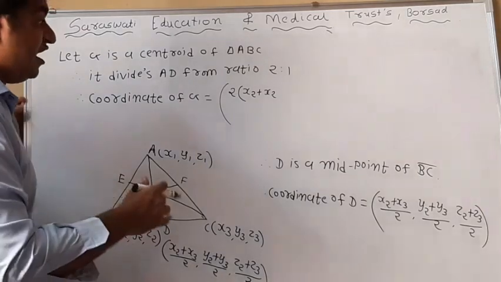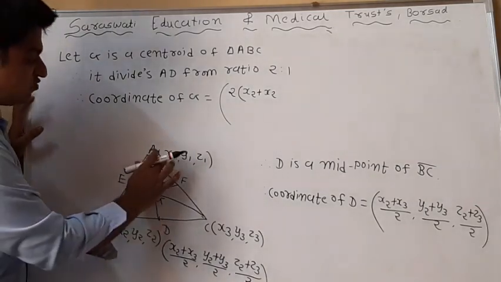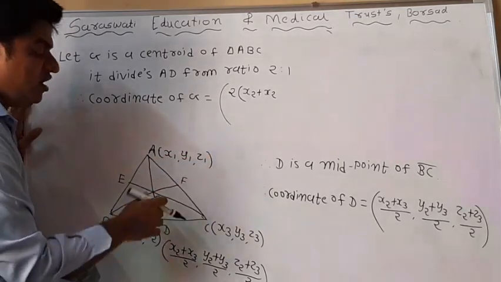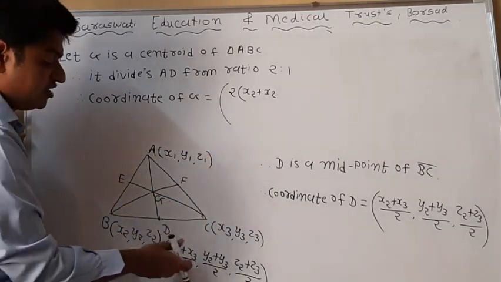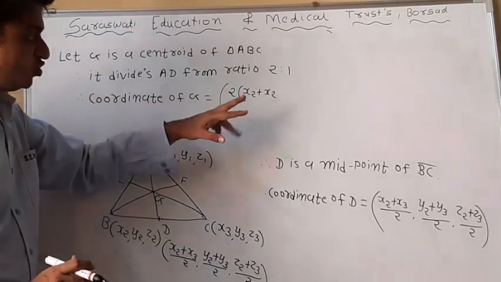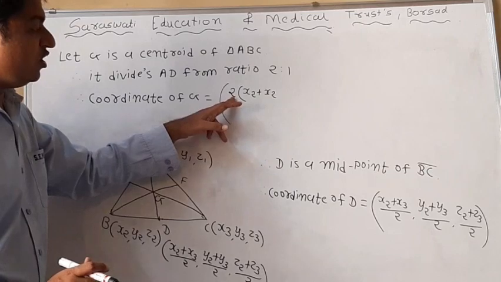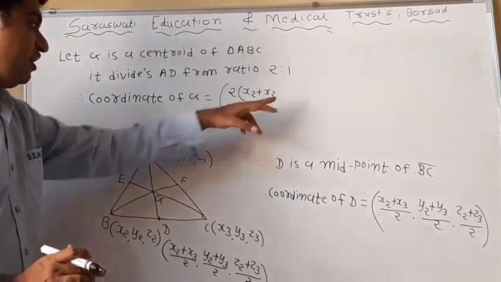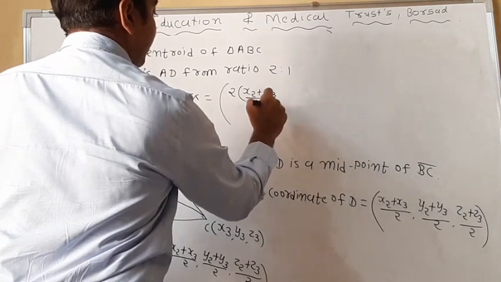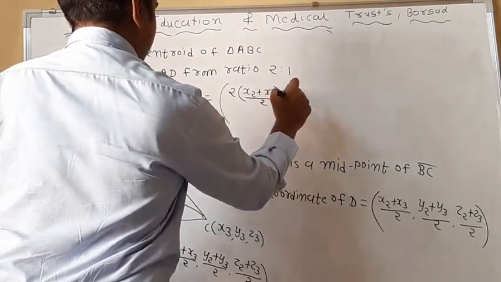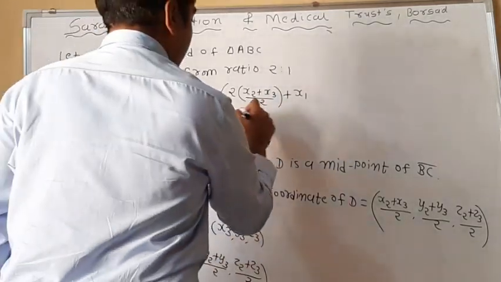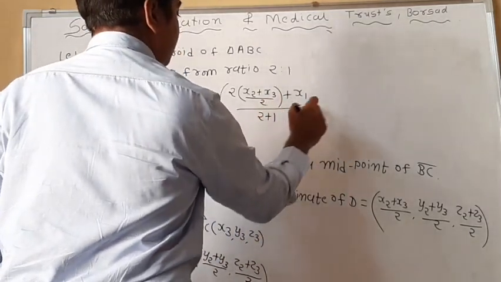Now our formula is (m x2 plus n x1) over (m plus n). The A coordinates are considered x1, y1, z1, and suppose the D coordinates are considered x2, y2, z2. So in our ratio formula m is 2 and x2 is (x2 plus x3) divided by 2, plus x1, upon 2 plus 1.